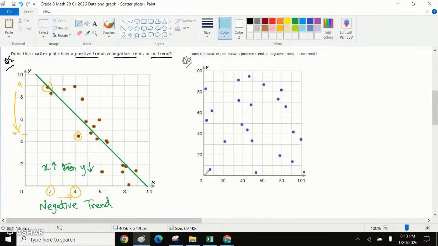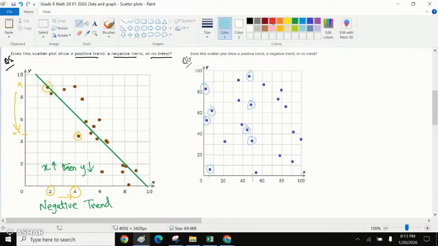Let's see. When X was this value, Y was this value, this value, this value, and this value. Y had very close 4 values for this value of X. Similarly, if we pick a value over here, this was. So which value should we consider? Because for one value of X, there are many values of Y, right?